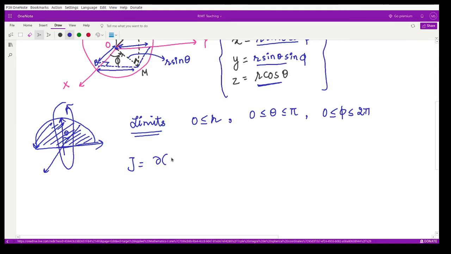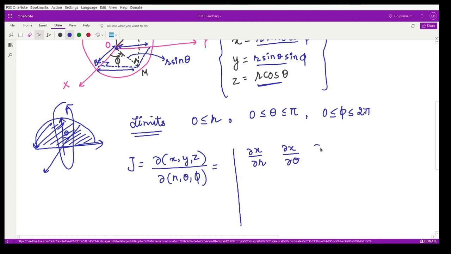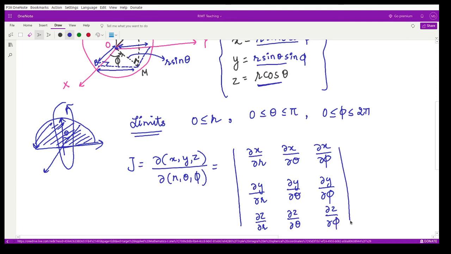It is the relationship defining the partial differentiation of x, y, z with respect to r, theta and phi. So this is what we are looking at. So we have del x by del r, del x by del theta, and del x by del phi, and then del y by del r, del y by del theta, and then del y by del phi. And then we have del z by del r, del z by del theta, and then del z by del phi. So this is the formula.